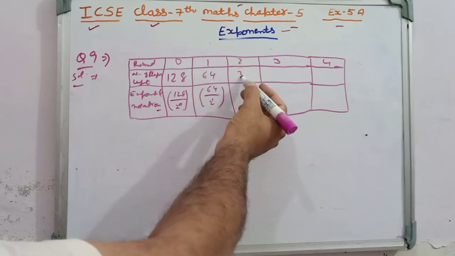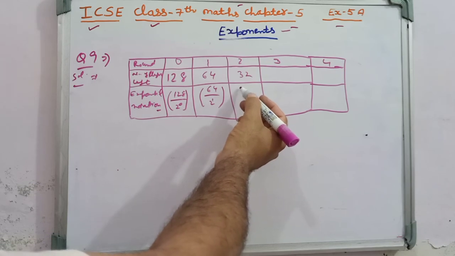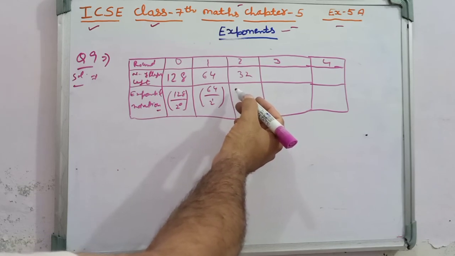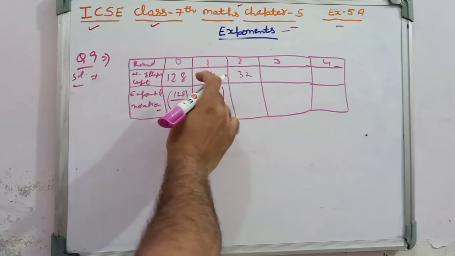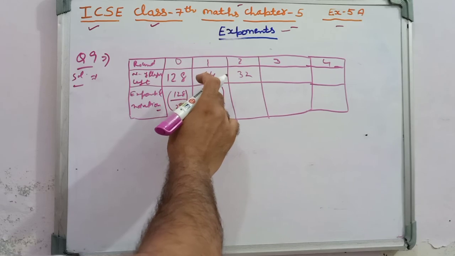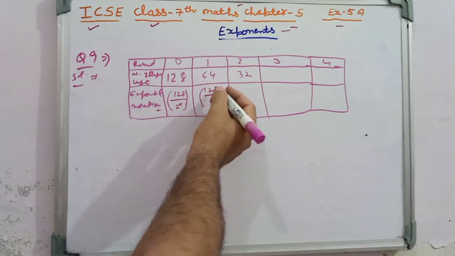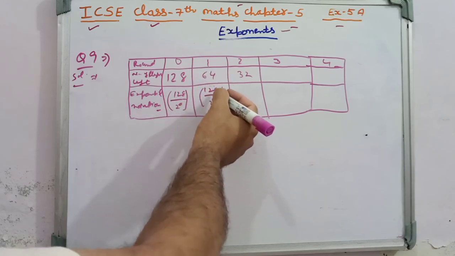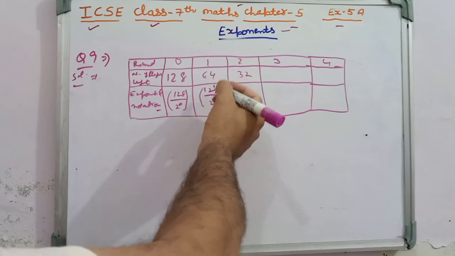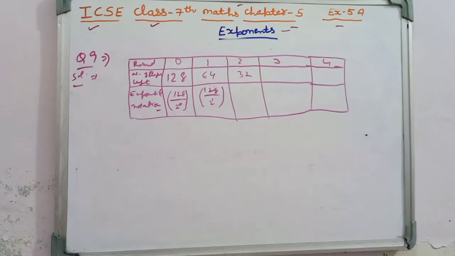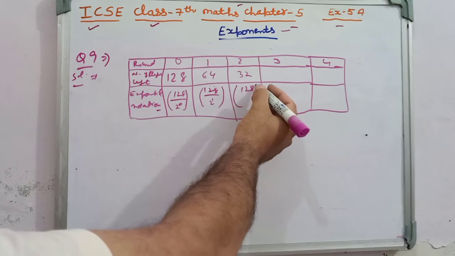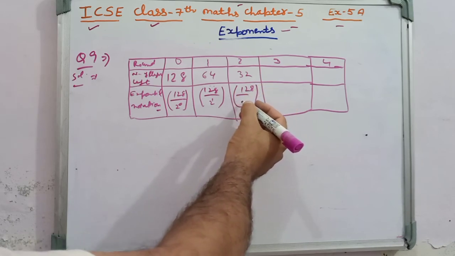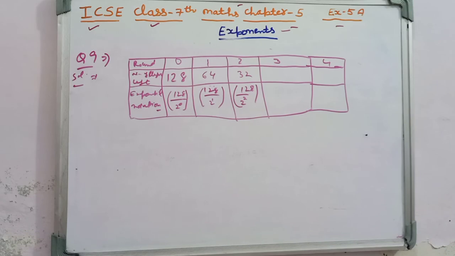Now 32. So this will be 128 upon 2 raised to power 2.